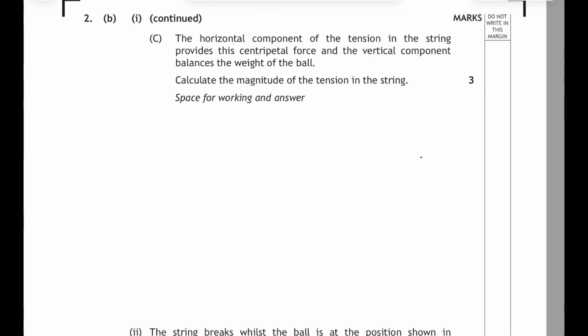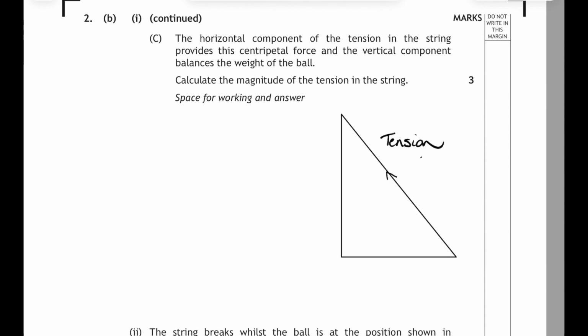So I think we need a right angled triangle here, where the hypotenuse is the tension in the string, and the horizontal and the vertical components are the other two sides. So we've got the weight vertically and the centripetal force horizontally. And we know what both of them are.